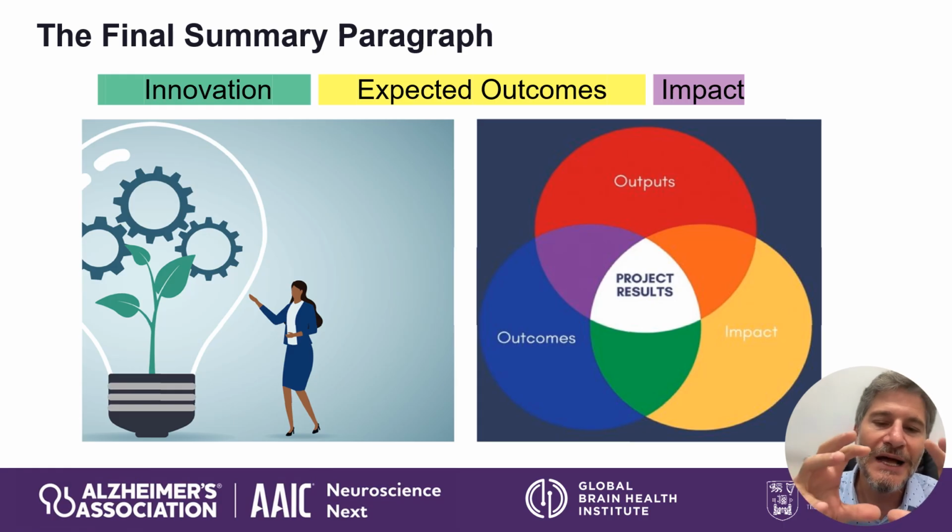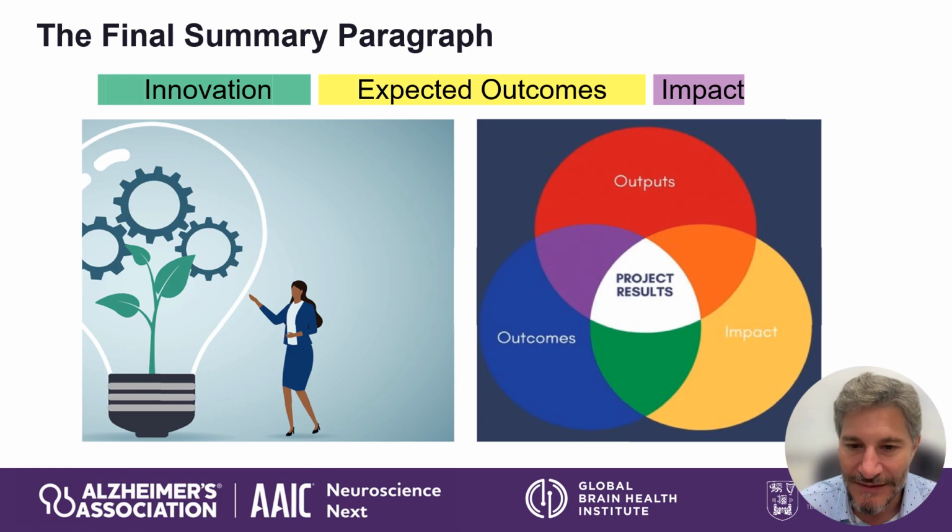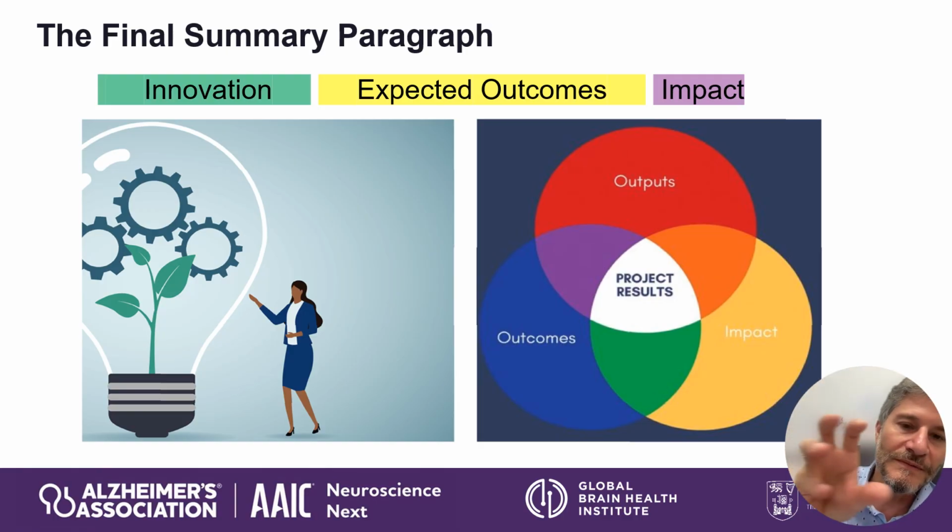But the outcome is how these outputs provide meaning or significant advances, but it's still closer to the immediate aspect that your grant brings, while the impact is the long-term impact. It's how this contributes to the field, how this addresses a critical gap in the literature, how this can really transform the life of the people. So you need to move from output to outcomes to impact, and those are your project results. That is the final paragraph.